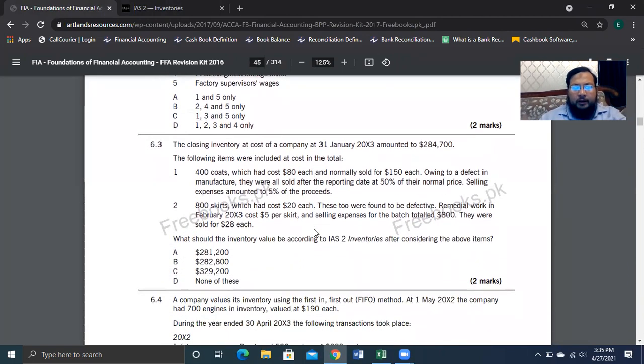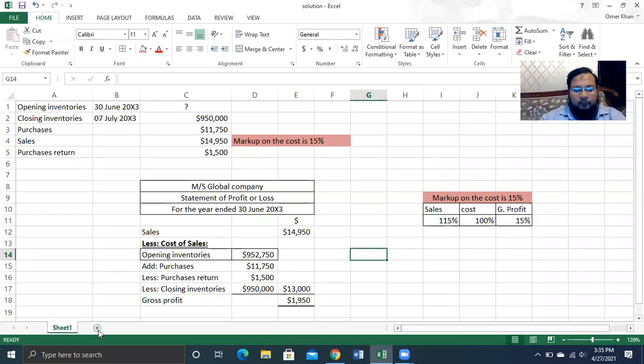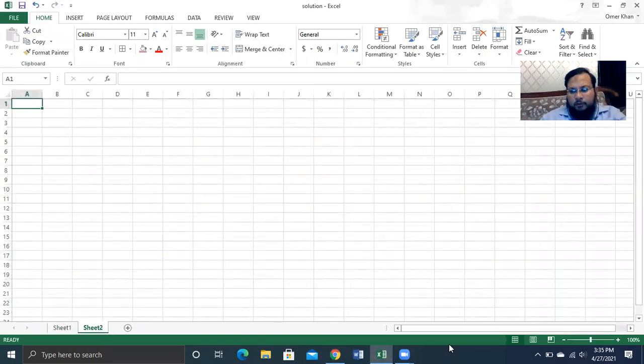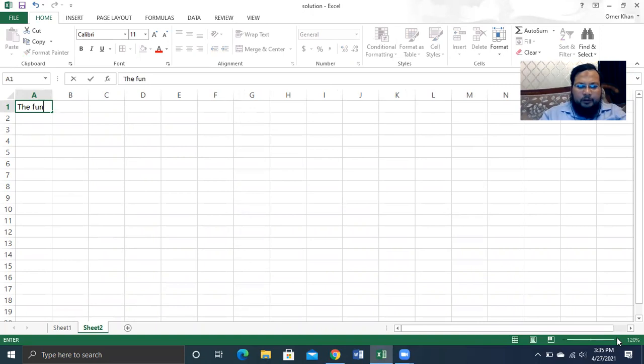Now we have 6.3. This question is extremely important from an examination point of view because this question belongs to the fundamental principle of IAS 2, which is lower of the cost and NRV. So let me explain the fundamental principle of IAS 2.